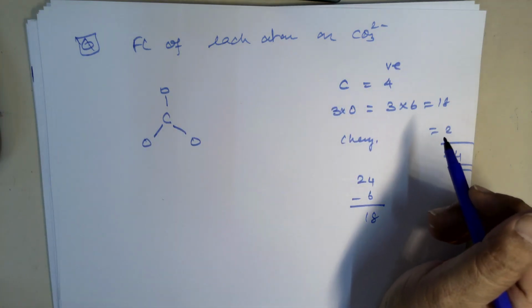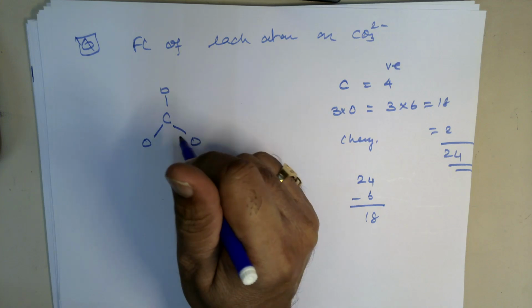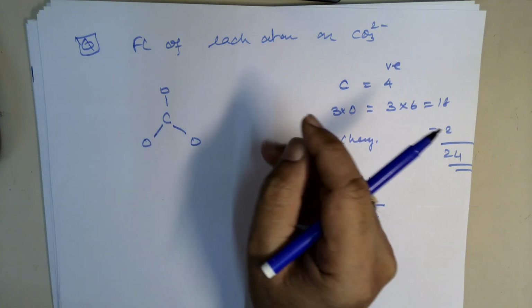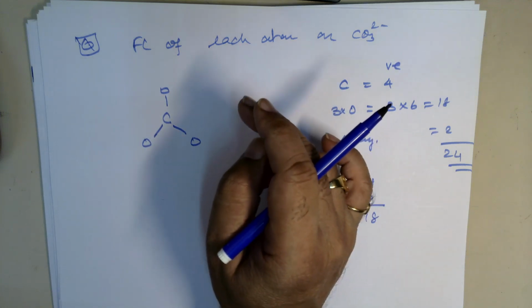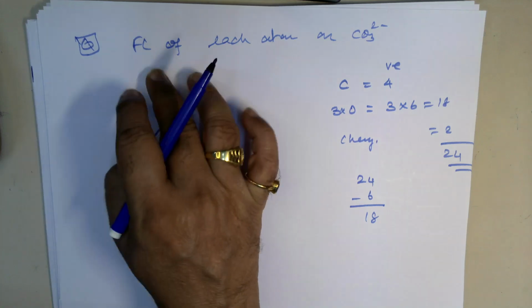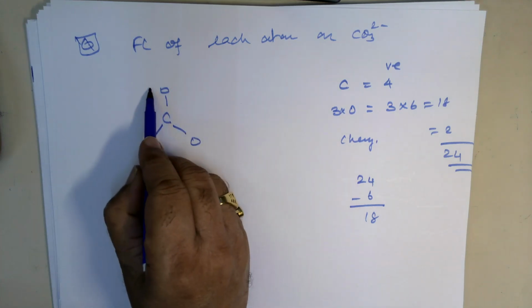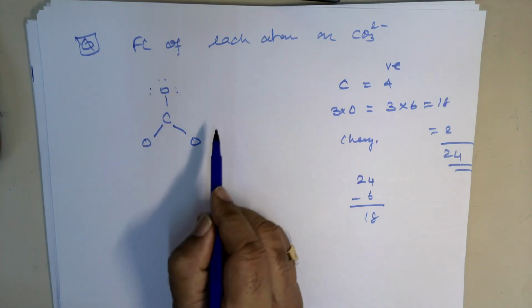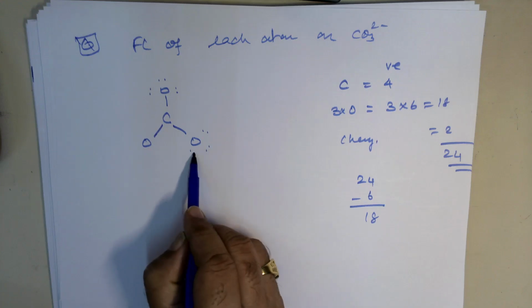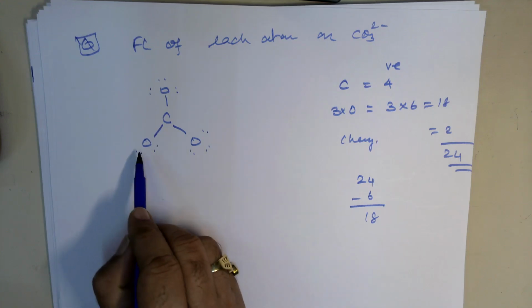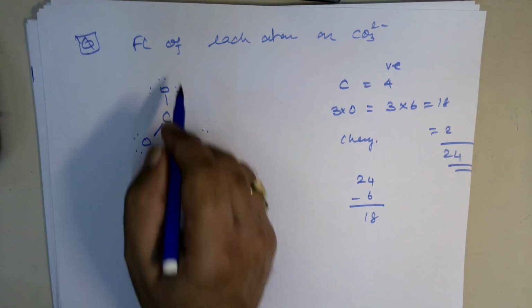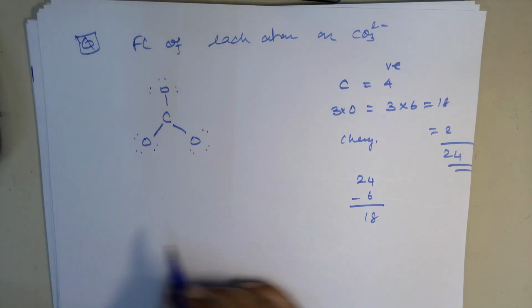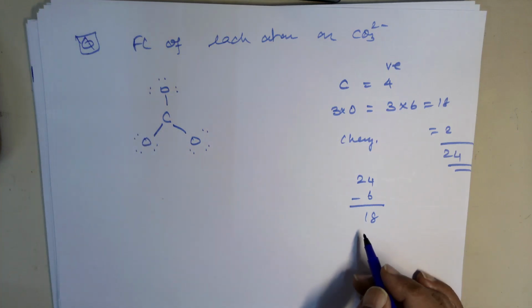Allocate the pairs of electrons to the most electronegative atom. Which is the most electronegative atom here? Oxygen. There are 3, so on each I can put 2, 4, 6. 3 into 6 is 18.